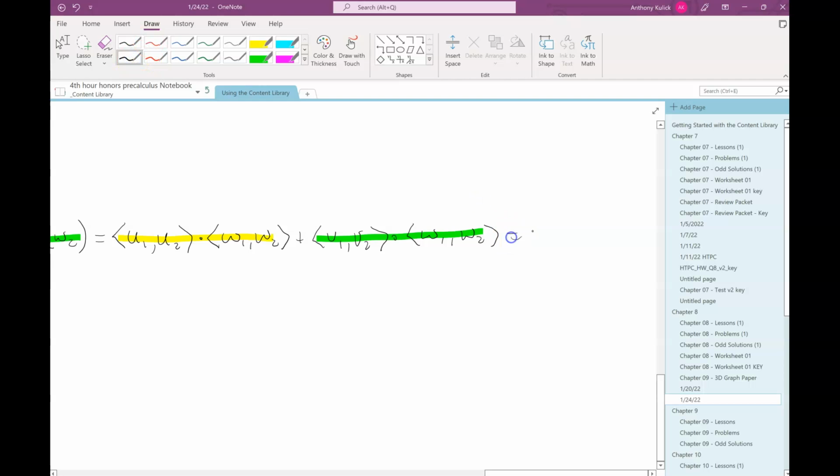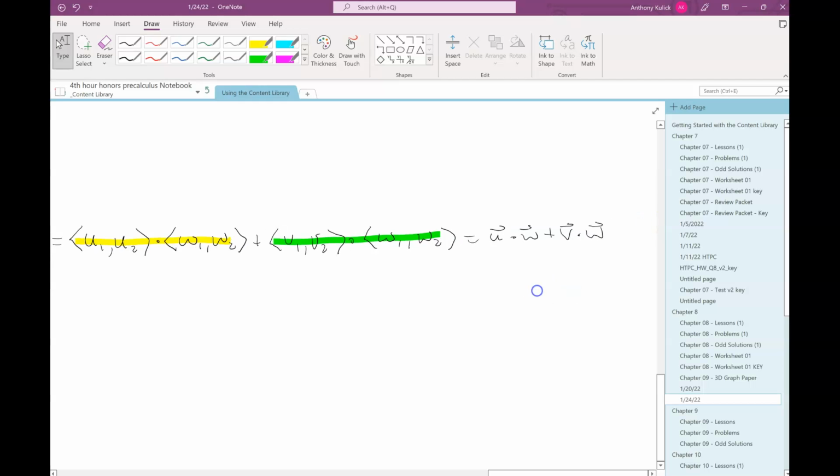So we can just write that then as u dot w plus v dot w, which is what we're supposed to be ending with anyways.